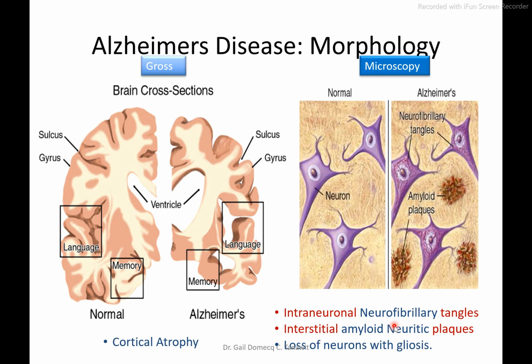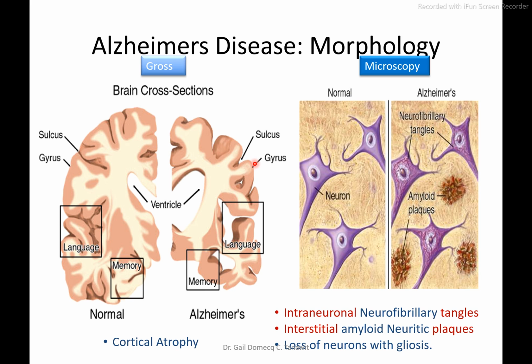So this is a schematic representation of the Alzheimer's disease morphology. As you can see on your left, this is the normal brain. The sulci are not increased. The cortex is not atrophic. As you can see here on the right, the sulci are widened.